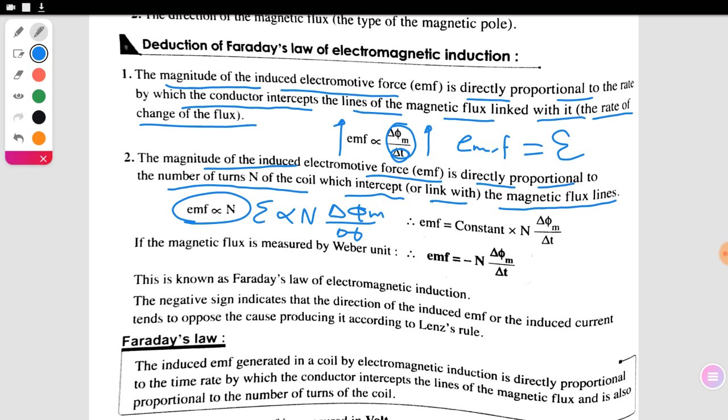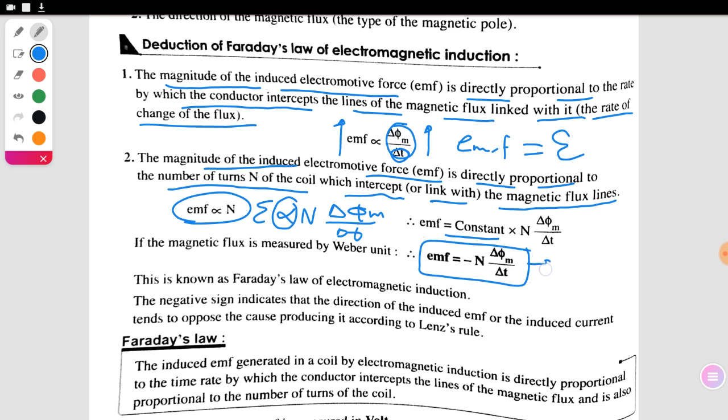We can remove the proportional sign by an equal sign with a constant. Scientists say that the constant equals unity, that is, equals 1. Epsilon induced equals N delta phi m over delta t.